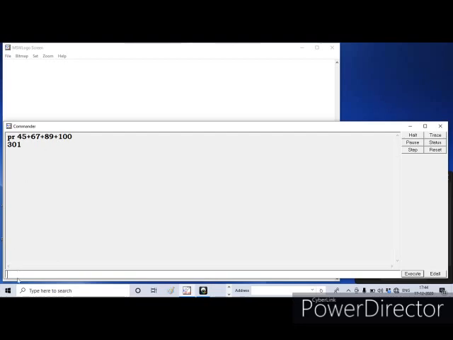And second one, subtract 3897 from 9999. Here we have only two numbers, so we can use keywords. Which keyword for subtraction?